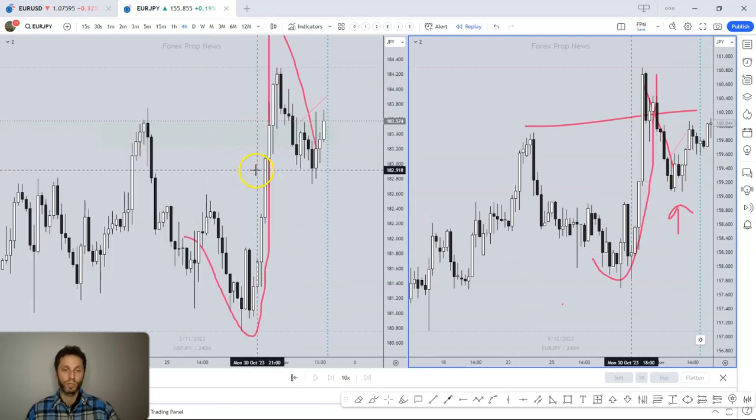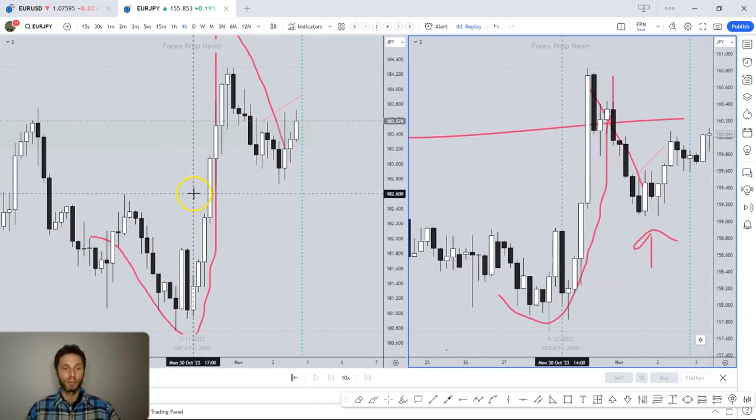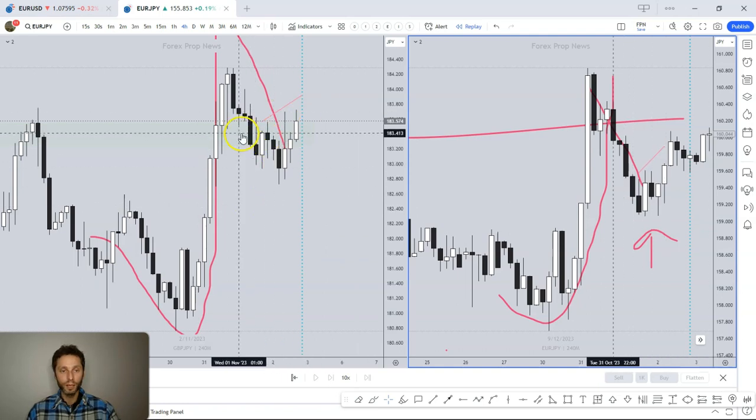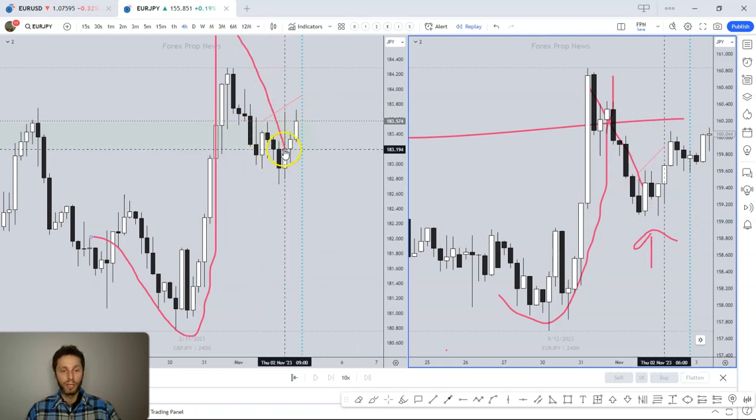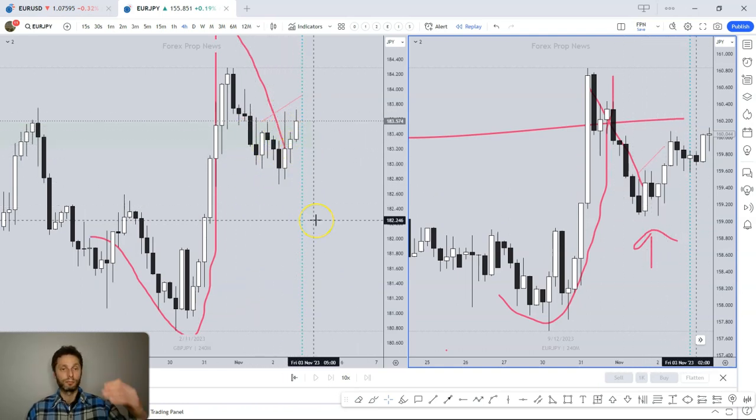And then we can switch back and we've got our scenario here. That's the idea. It may be that pound yen will head lower still. We never know, especially with news. It's not a definite. It's not a certainty. Nothing is a certainty. But it's almost like Euro Yen is giving a clue, a pulling up.